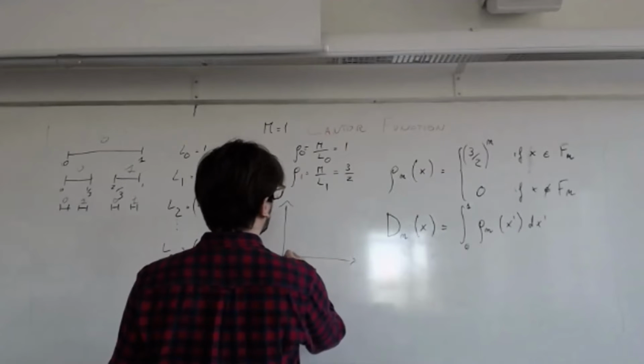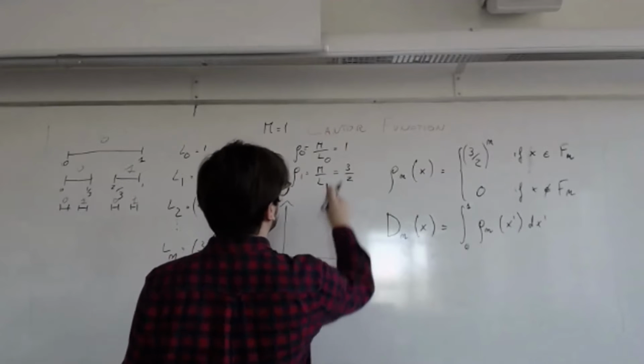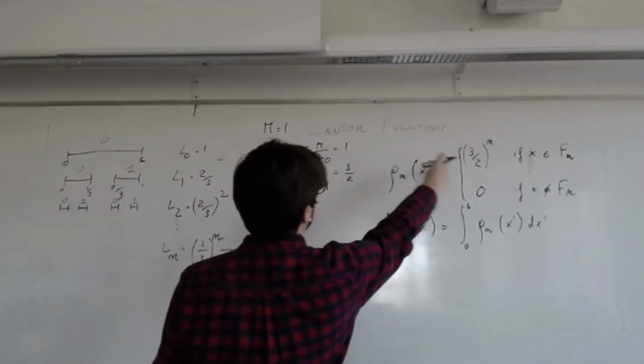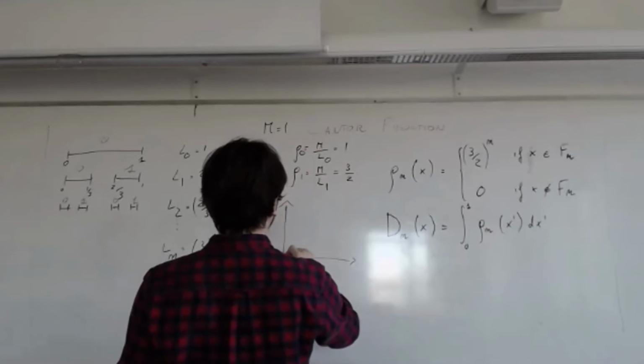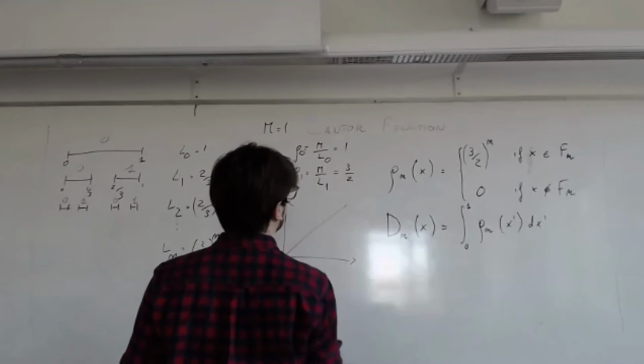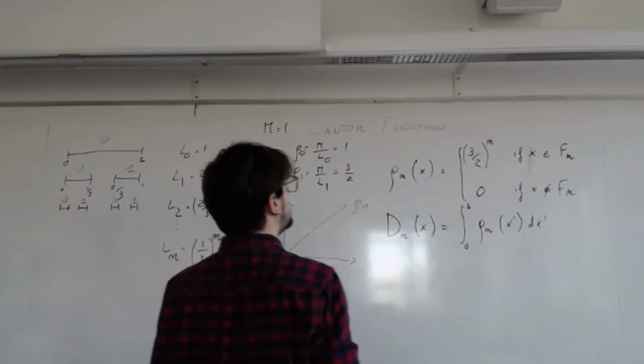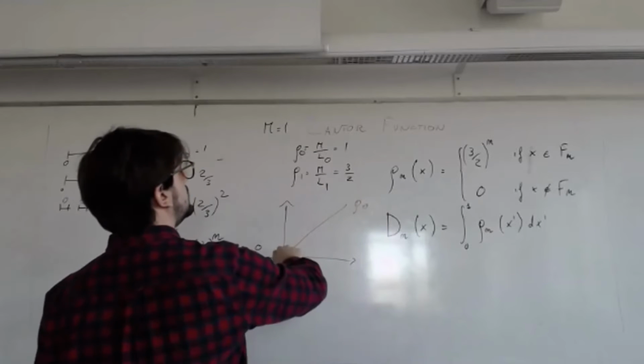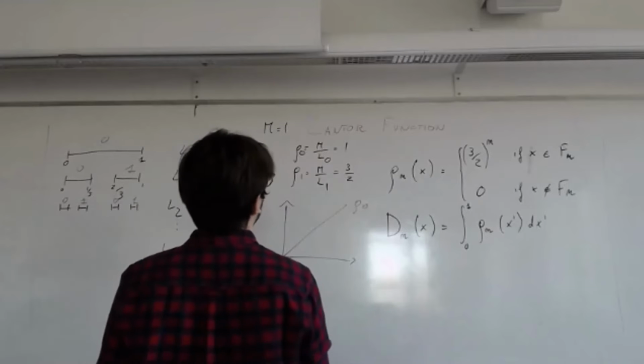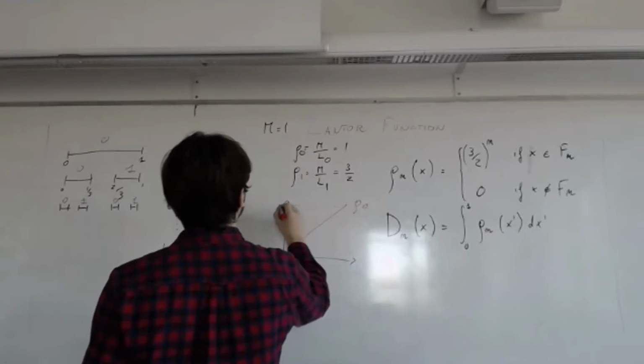Rho 0 would be just 1 everywhere, so rho 0 would be just like this, and the function will arrive to 1 here on top.